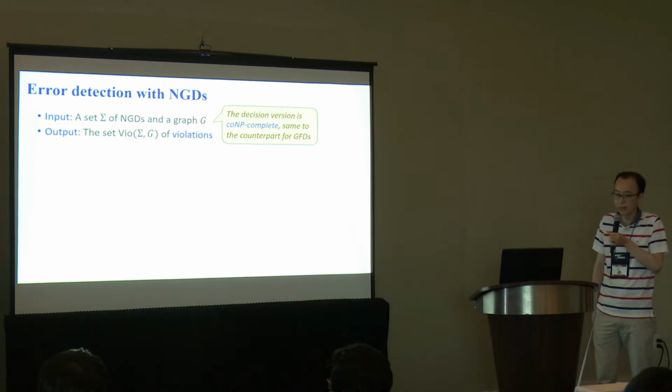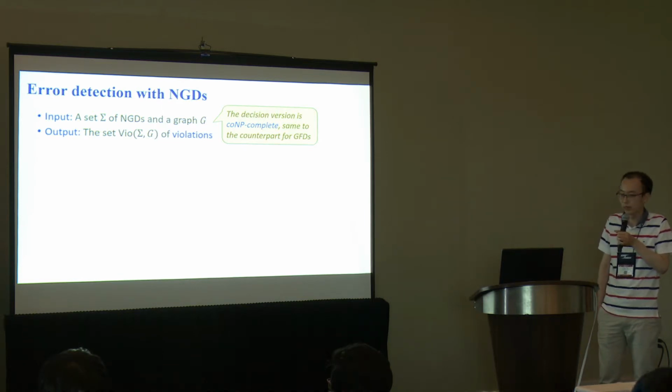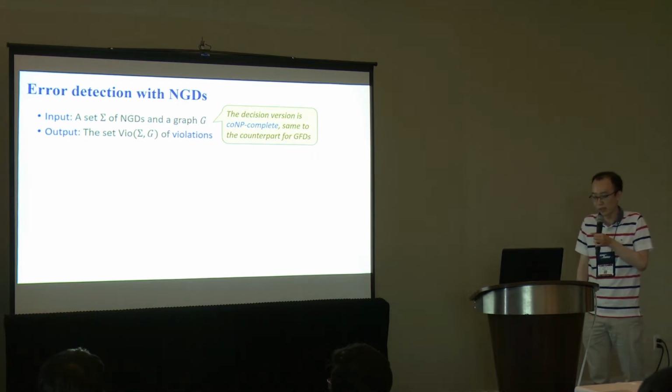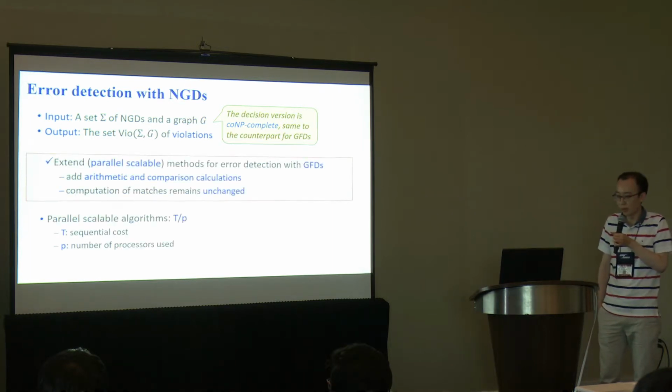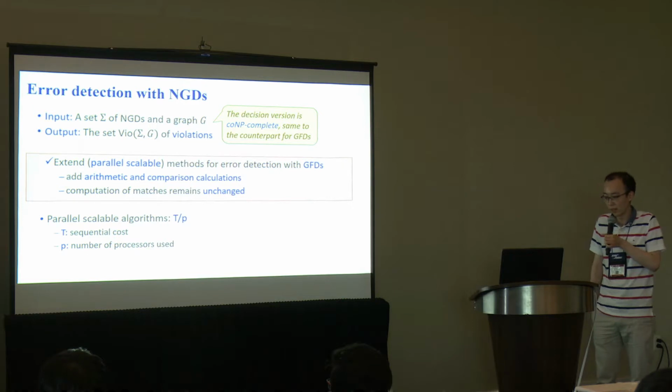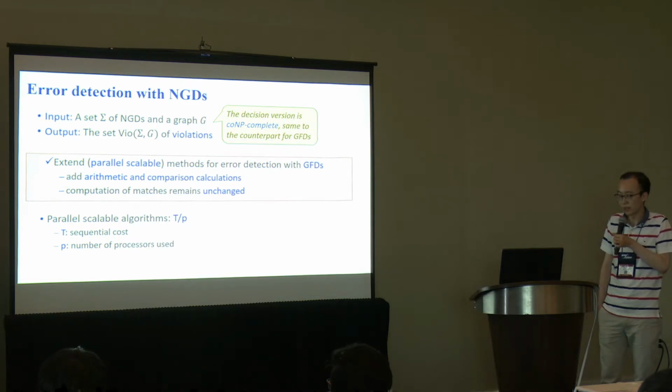It is known the decision problem for error detection with graph functional dependency is co-NP complete, and we find the problem gets no harder for NGDs. And better still, the parallel methods developed for graph functional dependencies can be readily extended to NGDs.